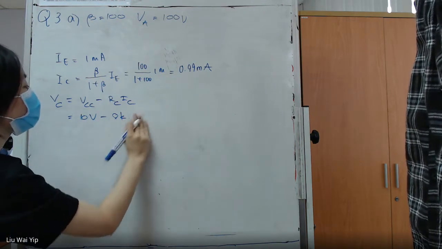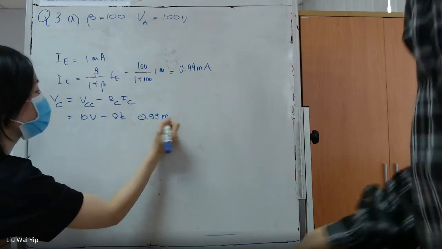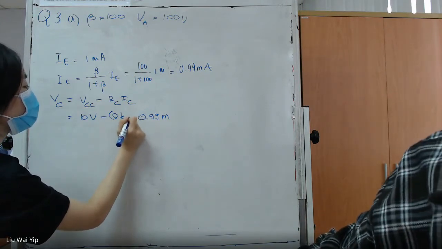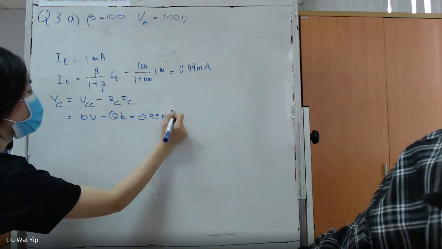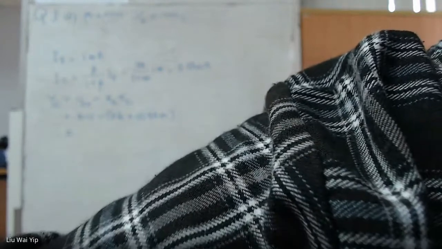So I'm going to do a calculation for you. 10 minus 8K times 0.99 milli.